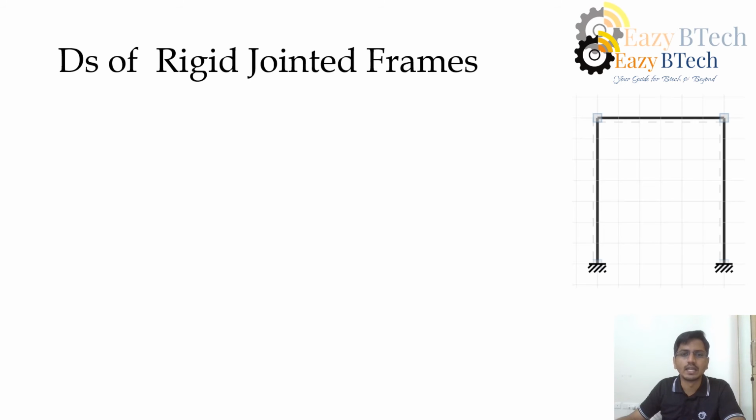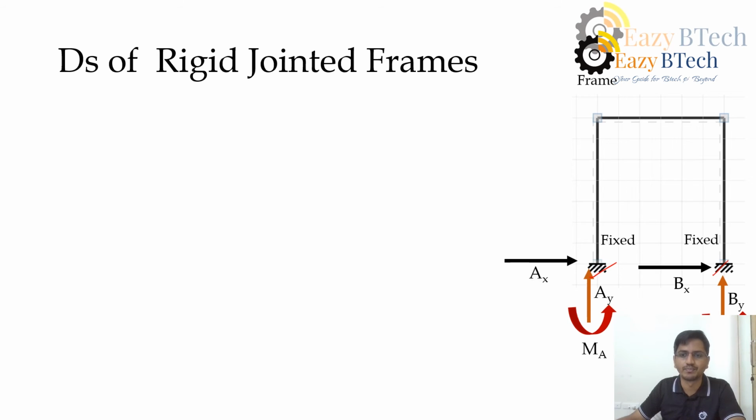Next, let us see another example of a jointed frame. Here you can see there are two vertical members and one horizontal, where two ends are fixed supports, and here we have two joints. The number of reactions will be 3 here, 3 here.